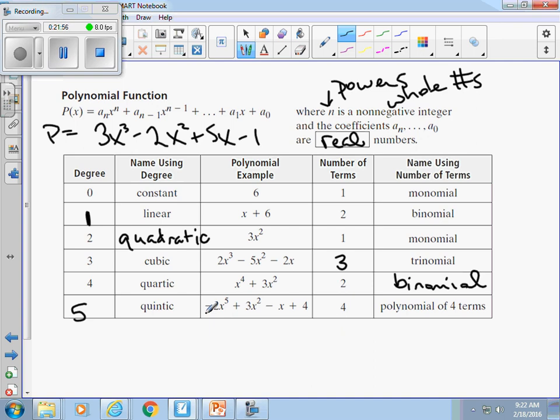Anything above a trinomial is just called a polynomial. What does the word poly mean? Many, right? So polynomial means many terms. So if there's more than 3 terms, we will quit calling it binomials, trinomials, let's call it polynomial. If you want to be specific, you see they called it a polynomial of 4 terms.